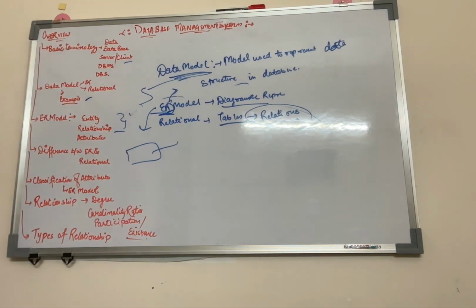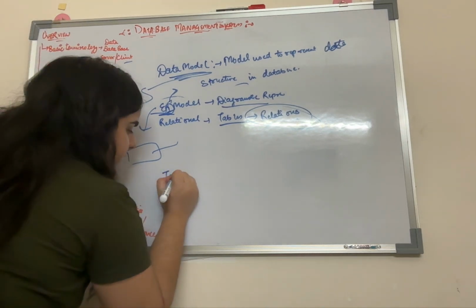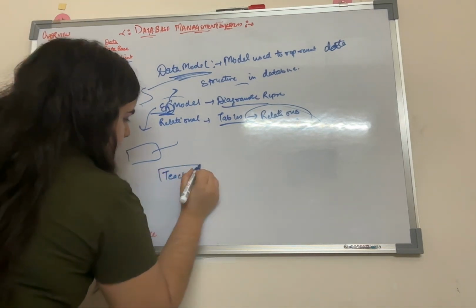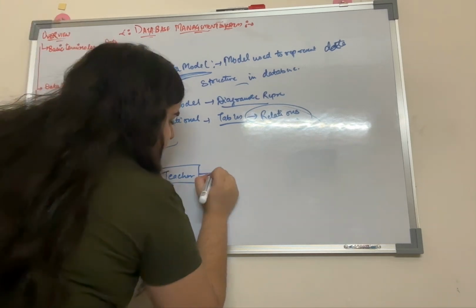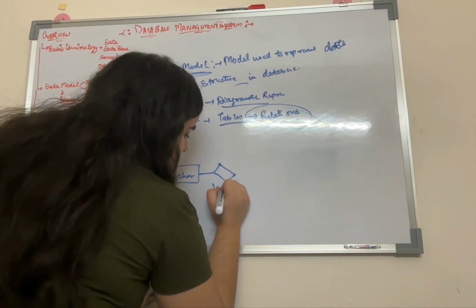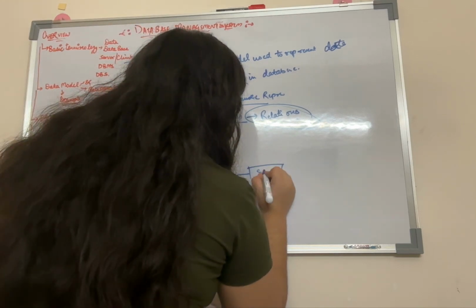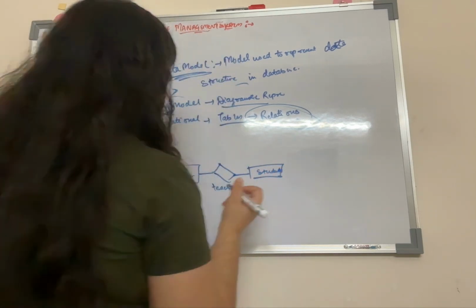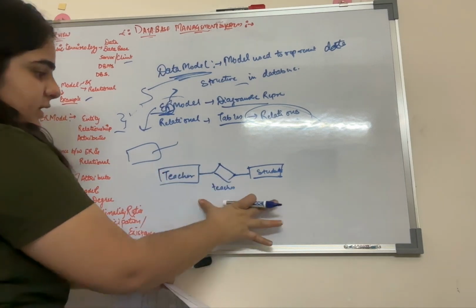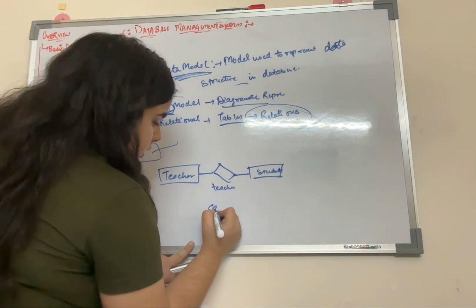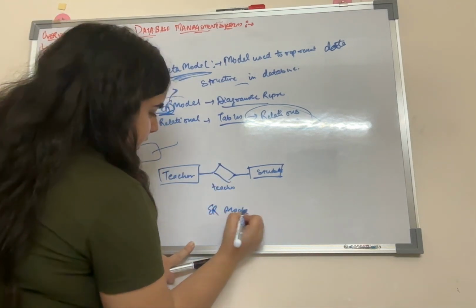Okay. So let's see a simple example so that you get to know about ER model and relational model in detail. So let's say we have a teacher who teaches students. Now let's say you want to store this in your database.